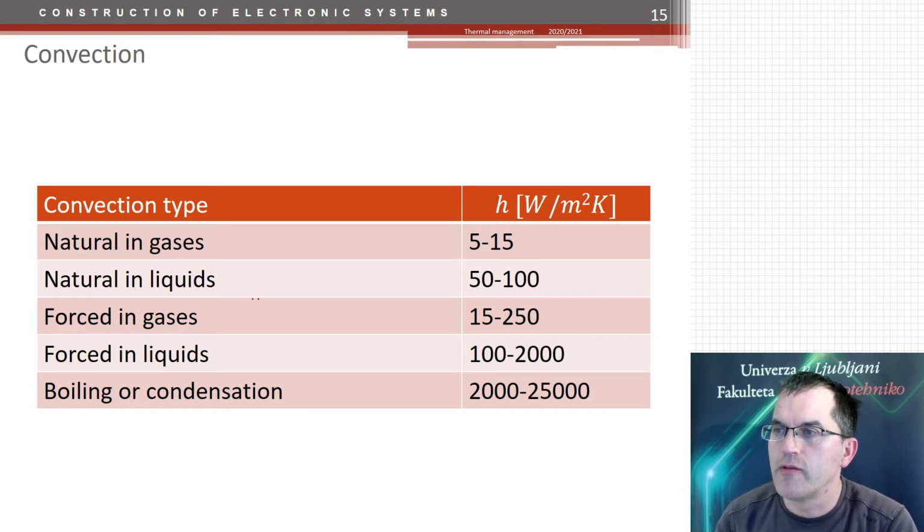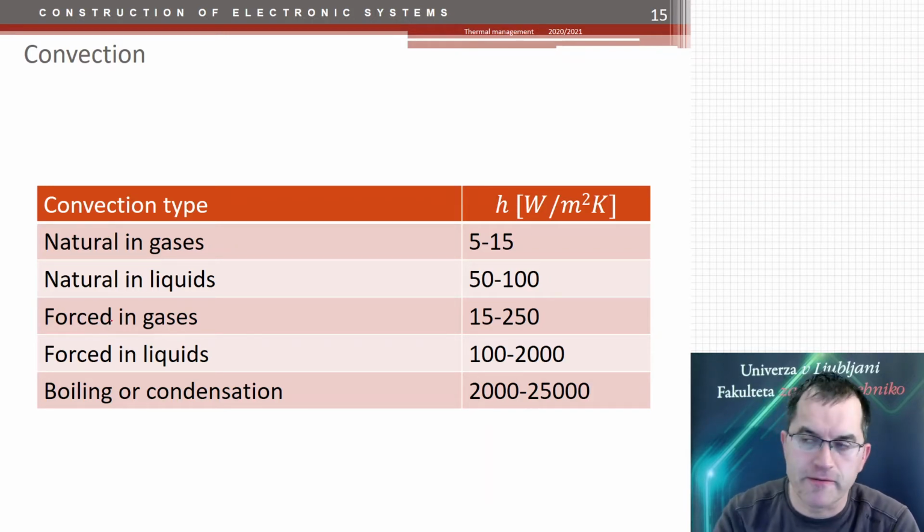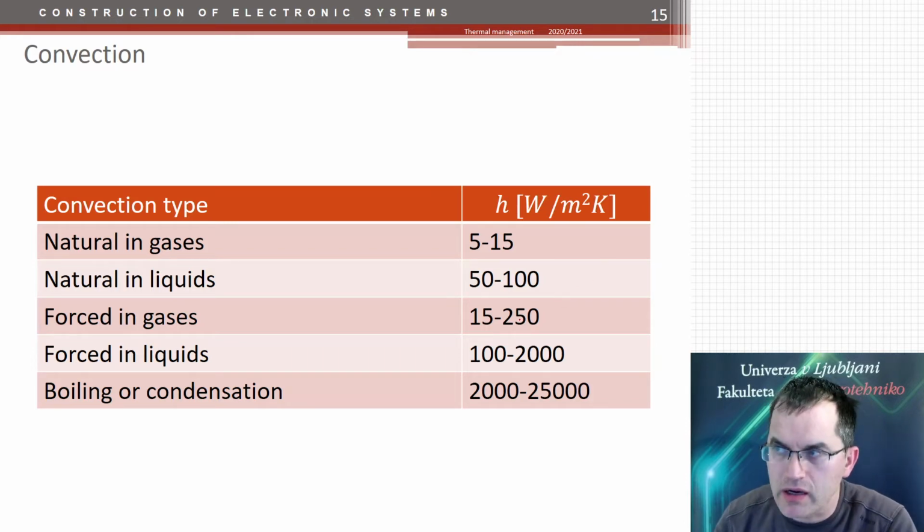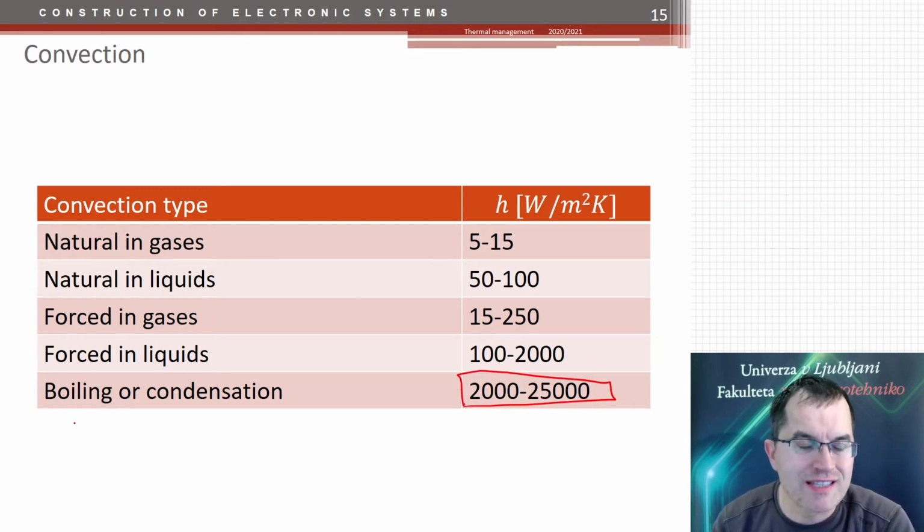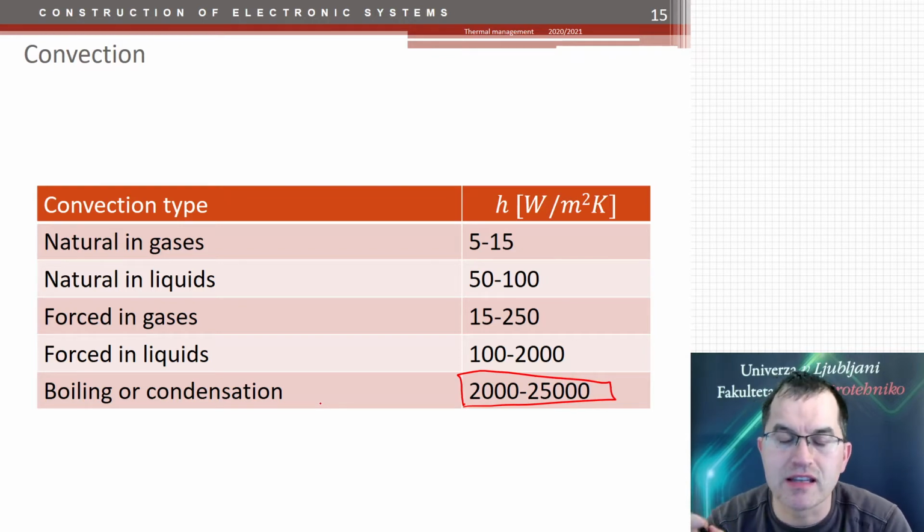If it is forced, that means forced with a fan, it's even much higher, but a lot depends on the fan. But the highest convection parameters can be obtained if you change the state of the material, the state of the liquid into gas or back. So boiling or condensation actually has the highest potential of heat transfer.